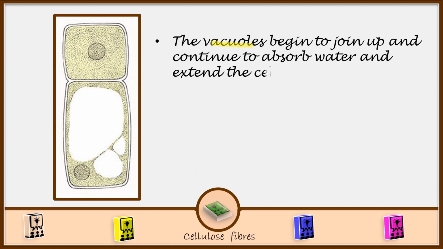The vacuoles begin to join up and continue to absorb water and extend the cell. So when you look at the pieces of vacuoles, they go on filling up and then joining together. And when they do that, they exert a pressure onto the cell wall, and this pressure is the one that is going to cause the cell to extend.